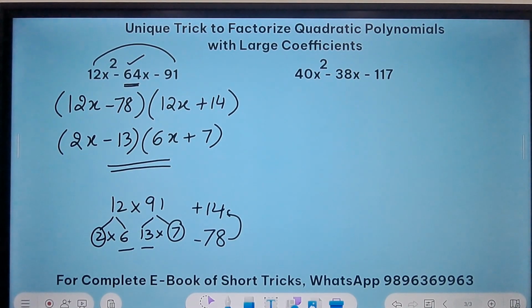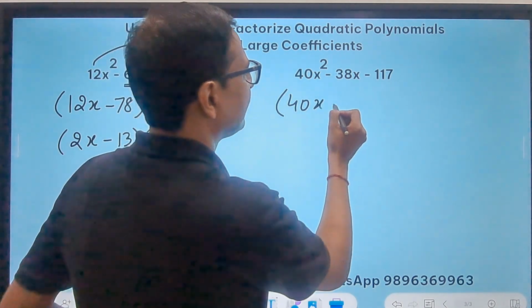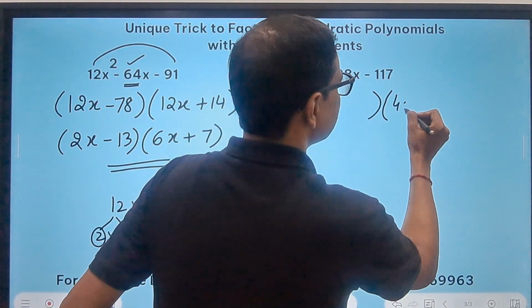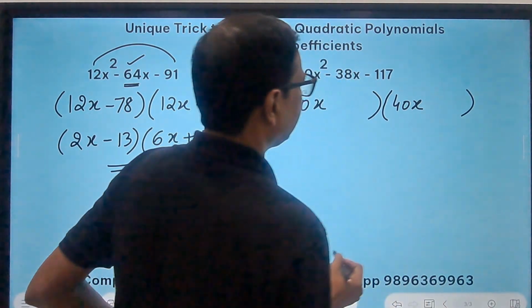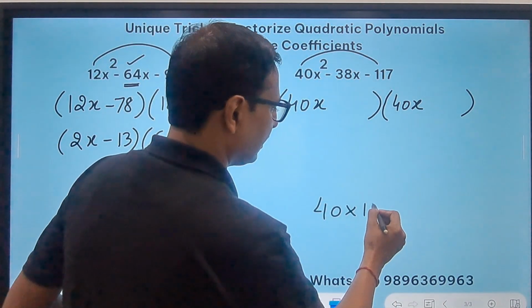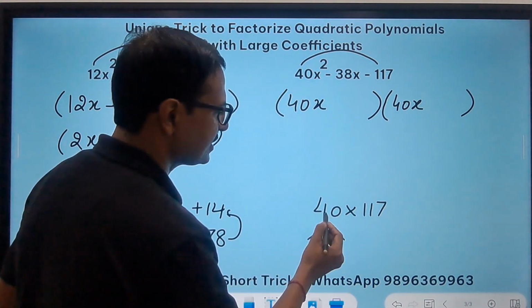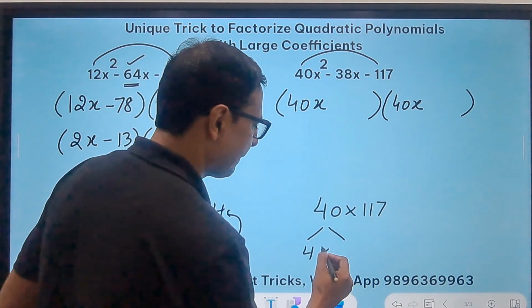Likewise, you have the last question there, and let's perform the same steps here. So this starts with 40x and the other factor starts with 40x as well. Now 40 times 117. Now 40 times means, now this is 4 times 10, right?